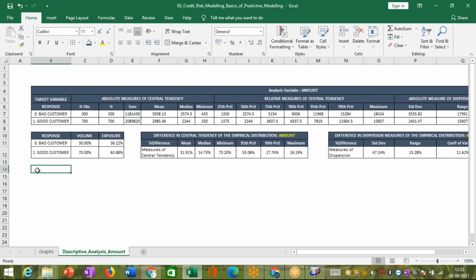Okay, so let me just create the mean plus k sigma limit.